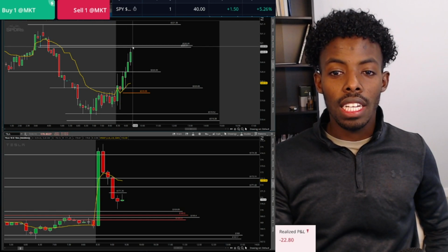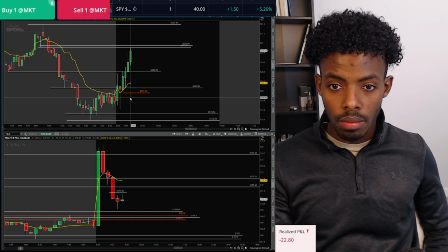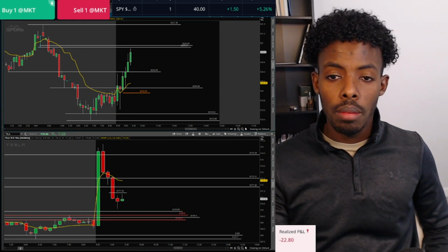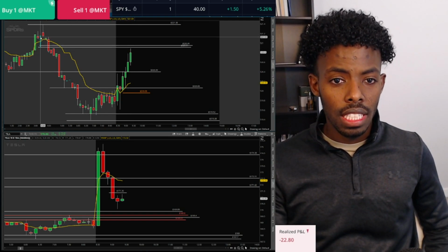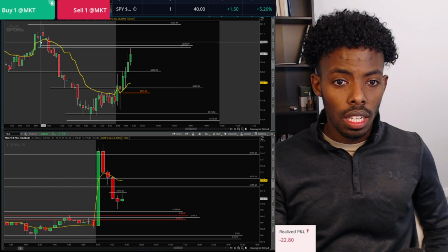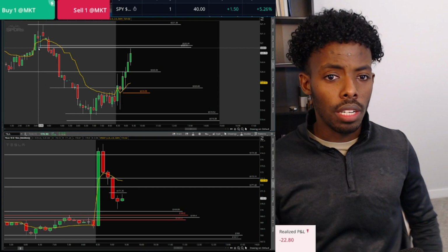I'm primarily taking this trade. Obviously, there's a lot of factors in my favor, hence why I only put one contract, but I just want to see if it's really going to break this level. Because I've seen this many times, this kind of indecision candle. It's usually a pretty high pressure area.